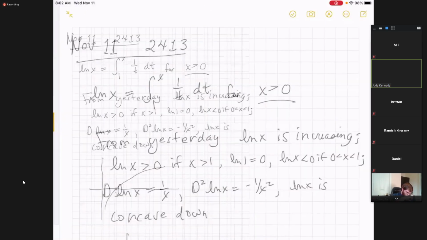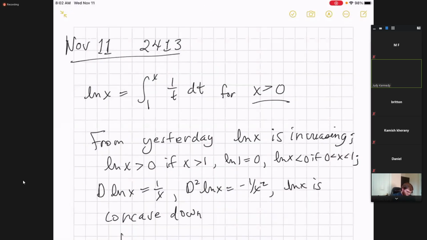And this is your class. So we have defined this new function, ln of x, which is natural logarithm. We're going to prove today that it really is a logarithm function. Why it's natural as opposed to some other logarithm functions, I probably won't get to until tomorrow.